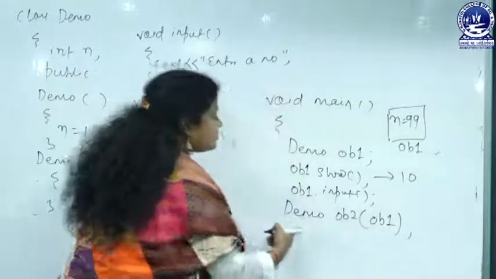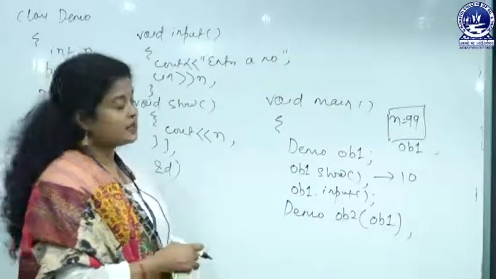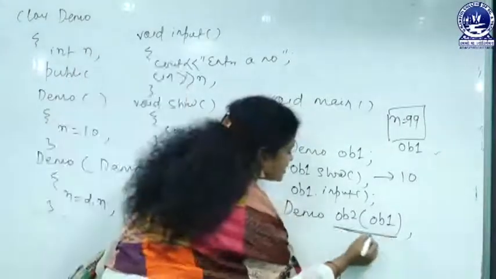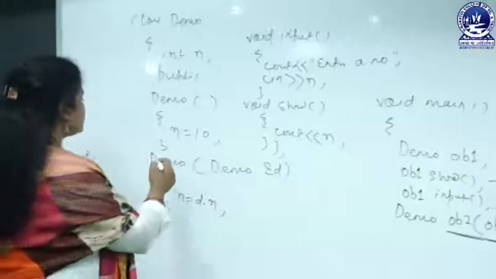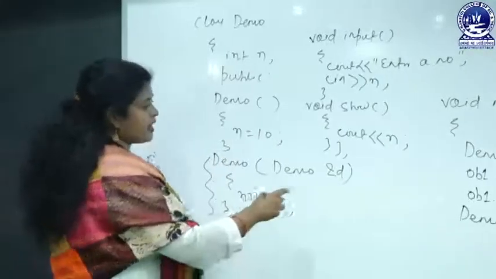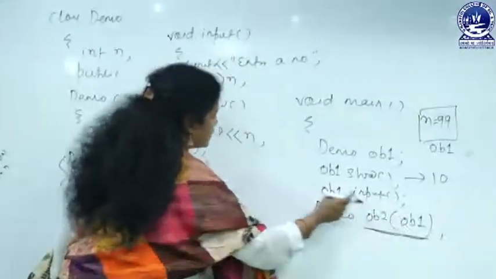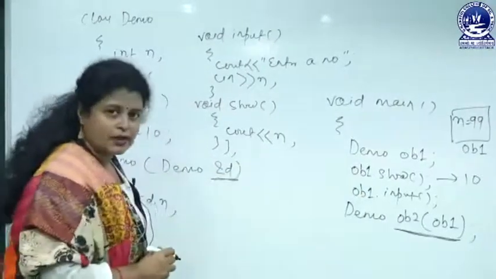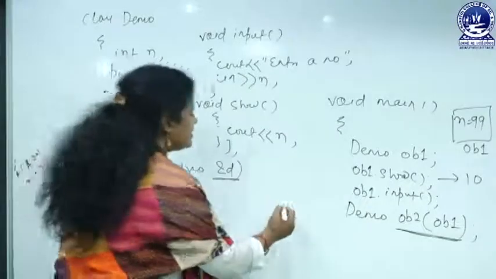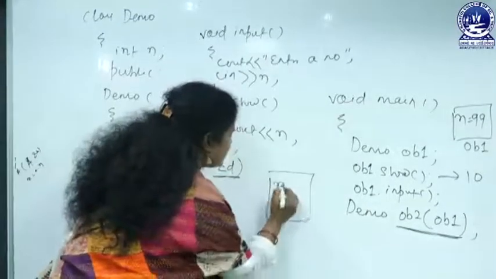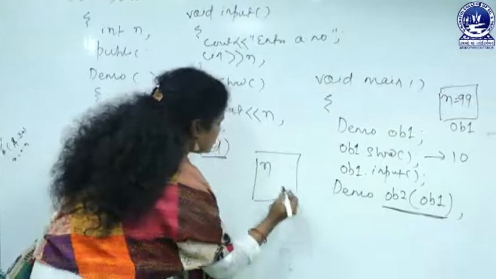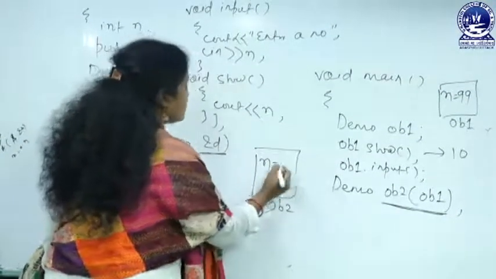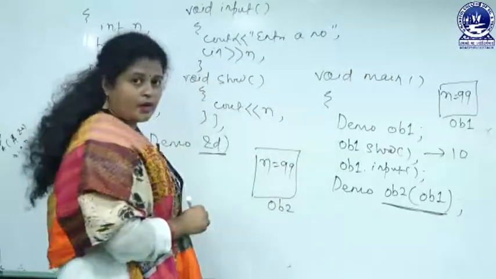When I am writing this, it looks similar to a parameterized constructor, but it is using the copy constructor. This part will be executed and ob1 will be passed as an argument, or we may say the reference of ob1 will be used, and the n value of ob2 will be initialized with 99. Why?